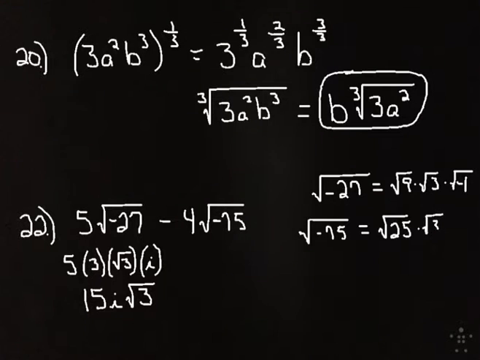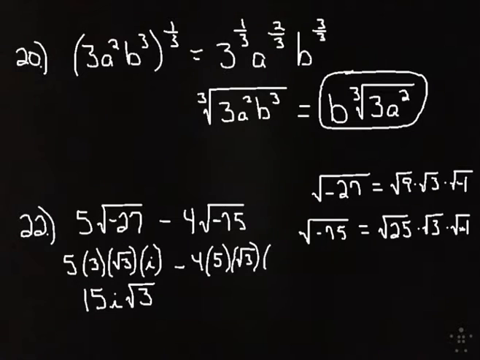Square root of 25 times 3. And then you've got the square root of negative 1. So this is equal to minus 4, and the square root of 25 is 5 square root of 3 i. So 4 times 5 is 20, and 20 times i is just 20i square root of 3.